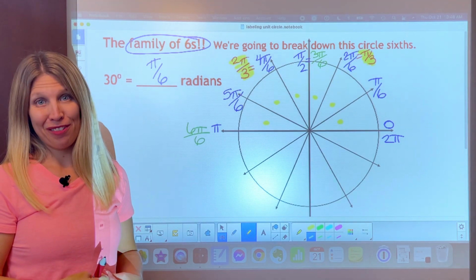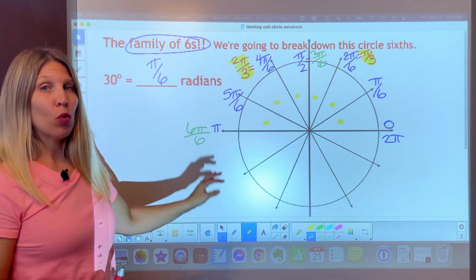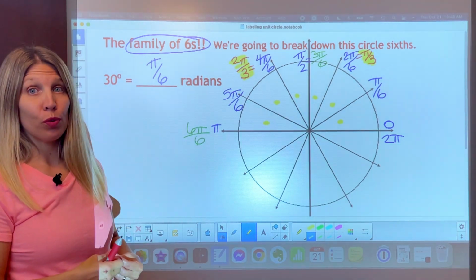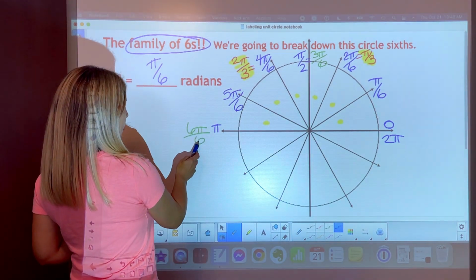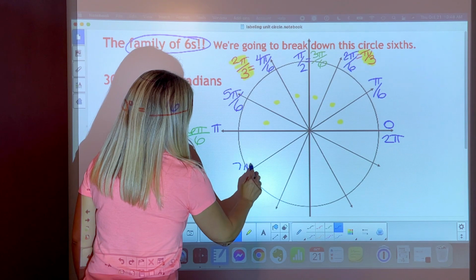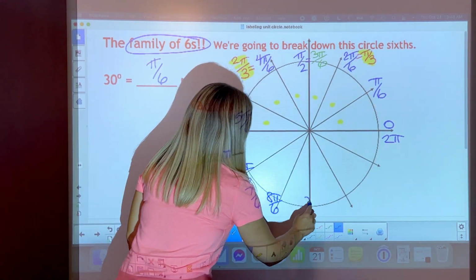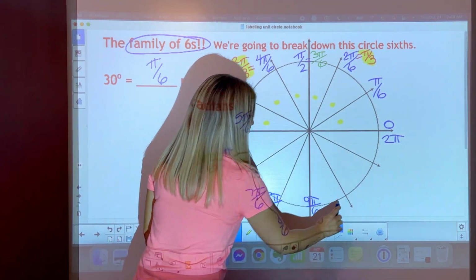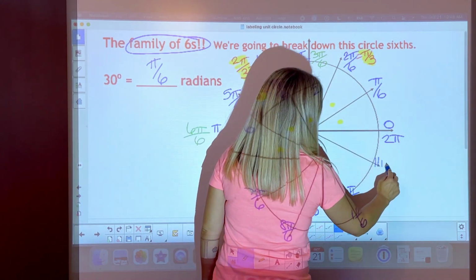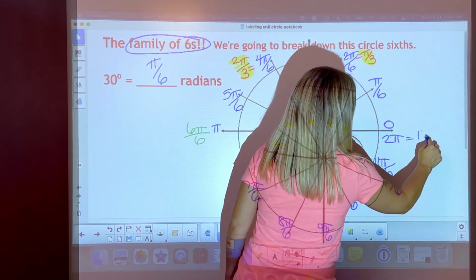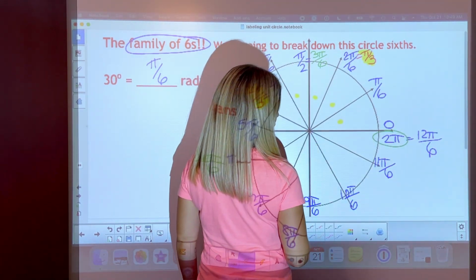within our pi over 6 family. So now I'm going to go ahead and finish labeling the unit circle, and then we'll also reduce to show you where the pi over 3 family shows up in the bottom half of our circle as well. All right, so we ended over here at 6 pi over 6, which makes this pi, 7 pi over 6, 8 pi over 6, 9 pi over 6, 10 pi over 6, 11 pi over 6, and of course 12 pi over 6, which reduces down to 2 pi.